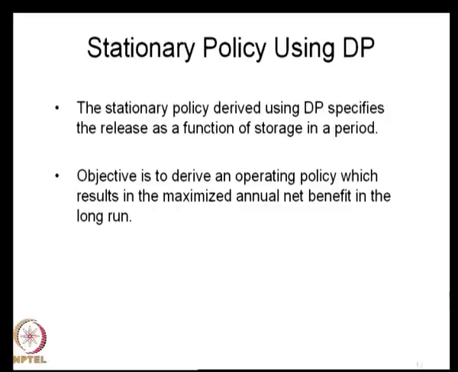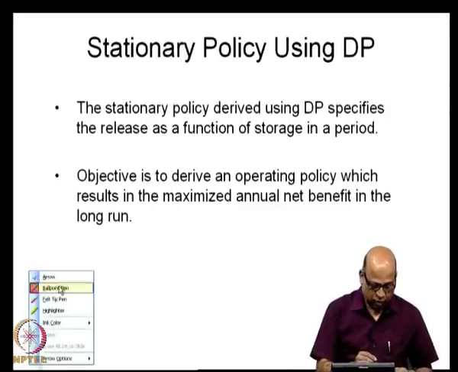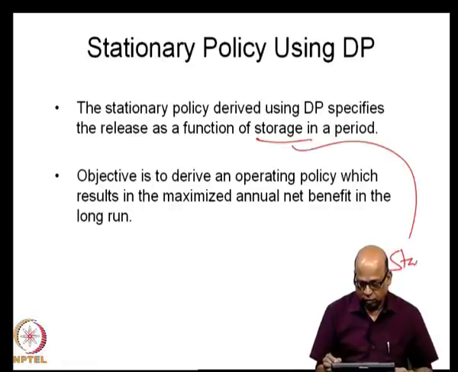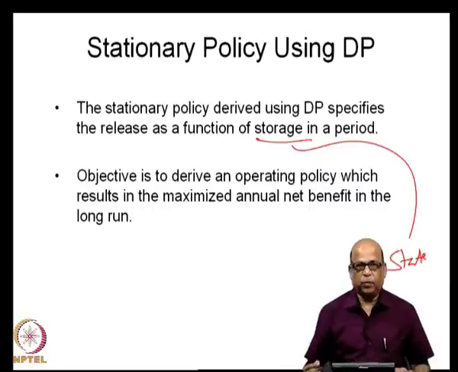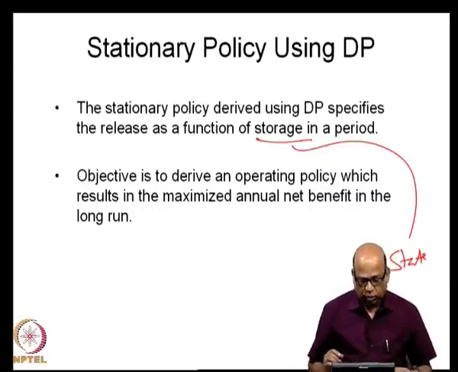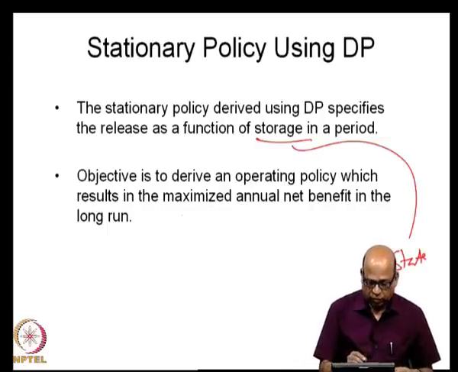So, the stationary policy derived using dynamic programming specifies the release as a function of storage in a period. In this particular case, we use the storage as the state variable. That is, the state of the system is defined by the storage. Now, the objective is to derive an operating policy which results in the maximized annual net returns.